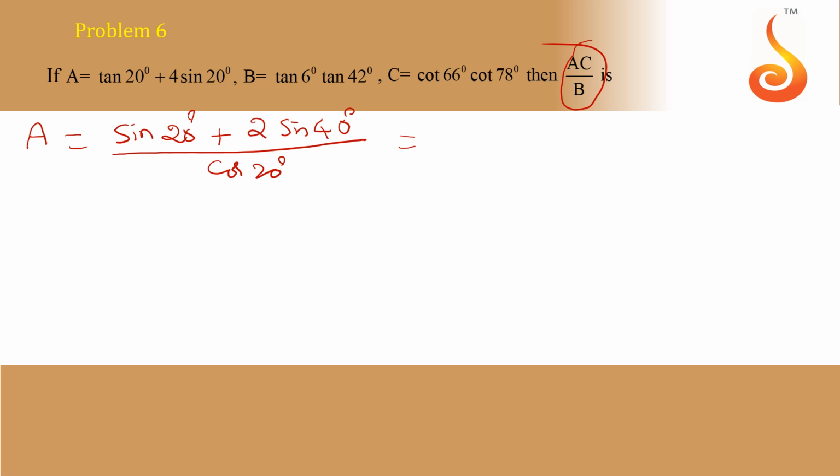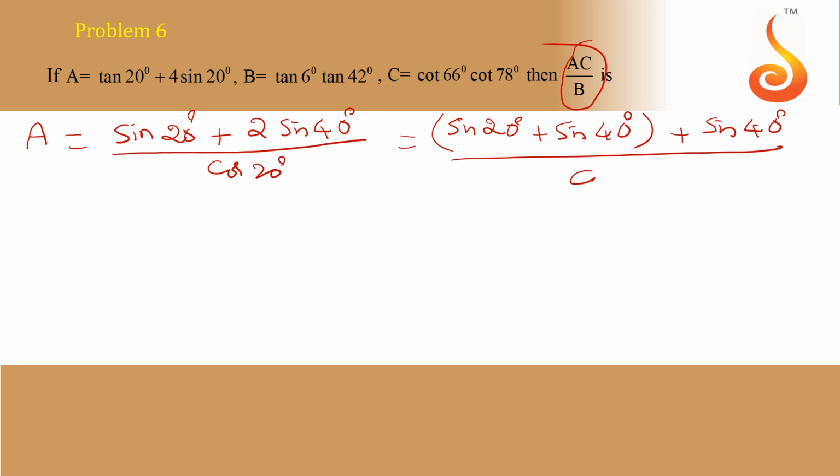Now 2 sin 40 you write as sin 20 plus sin 40 plus one more sin 40, by cos 20. Sin C plus sin D transformation formula: 2 sin of C plus D by 2, 30 degrees, cos of C minus D by 2, 10 degrees.